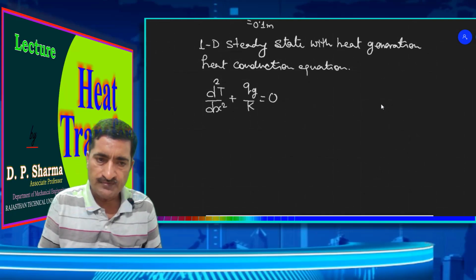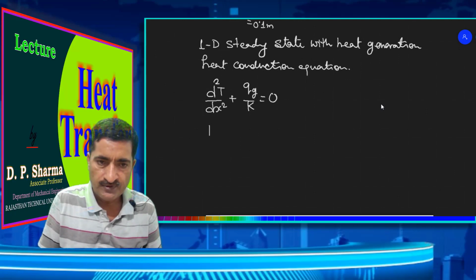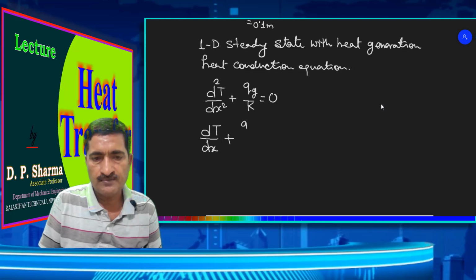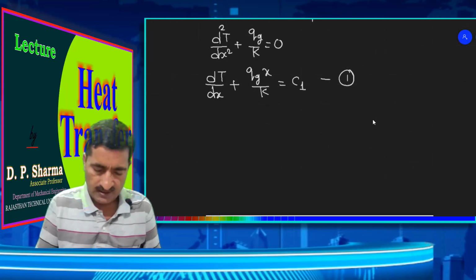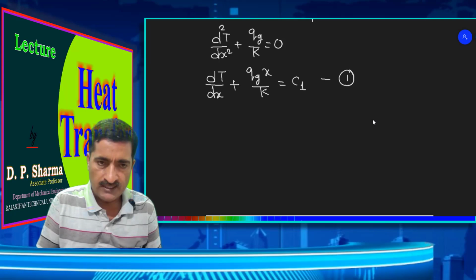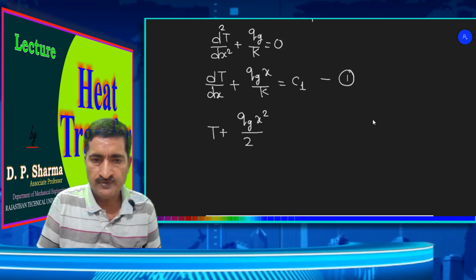Now integration one time: dT by dx plus Qg x by K equal to C1. Now next integration one time, then T plus Qg x square by 2K equal to C1 x plus C2. So there are two equations.